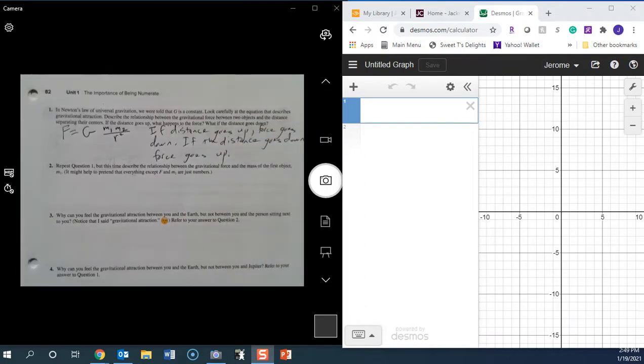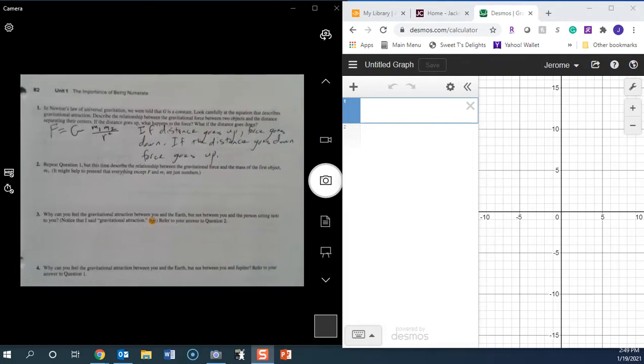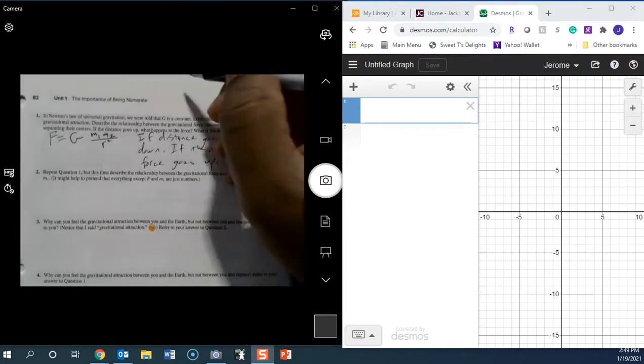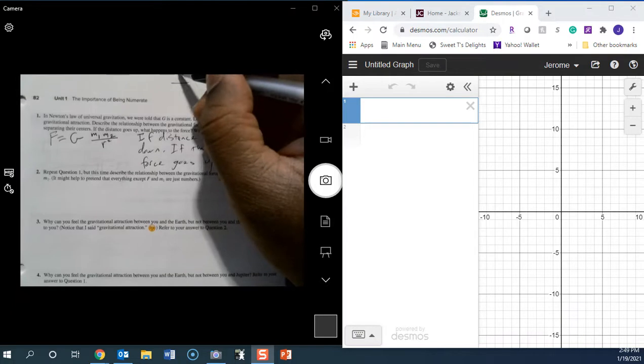And I'll give you a quick example just using some basic fractions. Let's just say our numerator is 10.